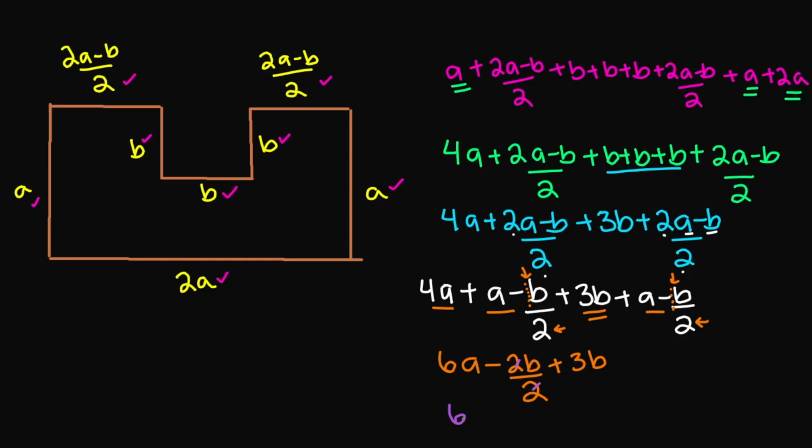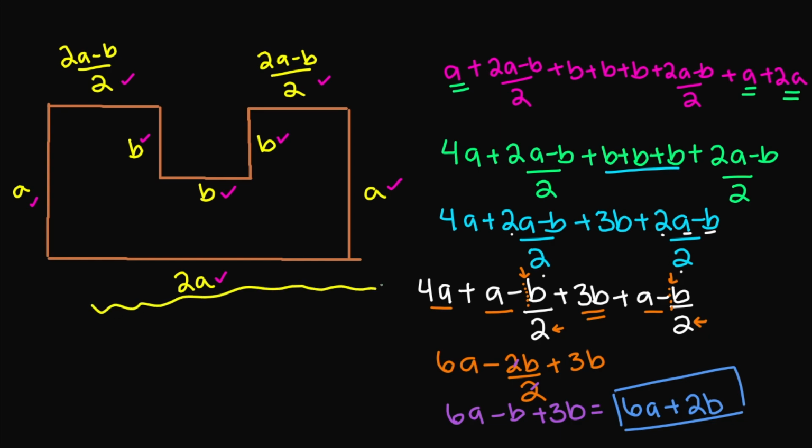So you'll be left with 6A minus B, because my 2's cancel out, plus 3B. And now we're going to combine like terms. And when you combine like terms, you'll be left with 6A plus 2B, and this is your final answer. So the perimeter for this complex shape is going to be 6A plus 2B.